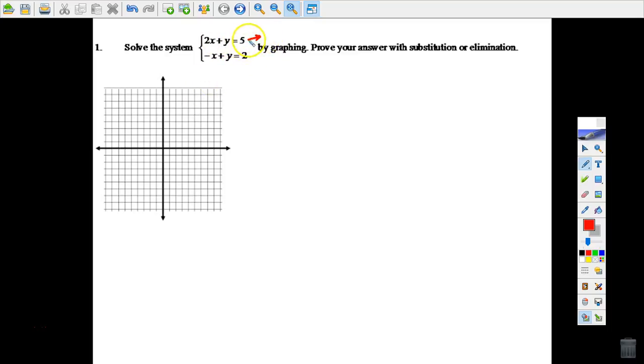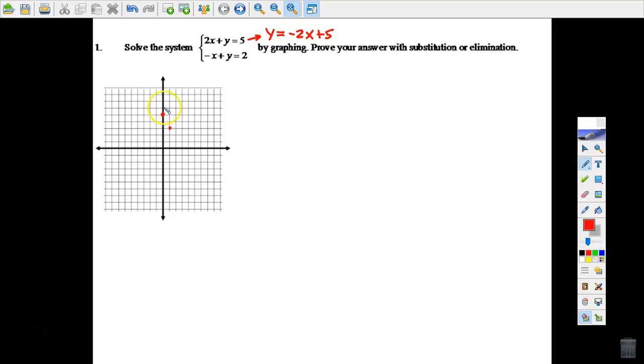This top equation, solve for y, subtracting 2x from both sides, would be y equals negative 2x plus 5. Okay, so let's just go ahead and graph that. That has a y-intercept of 5. So I'm going to go up to 5 on the y-axis. And then I'm going to count a slope of negative 2. So I could do down 2 and right 1.